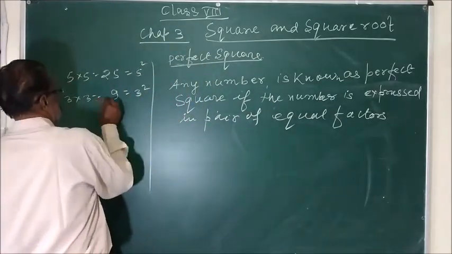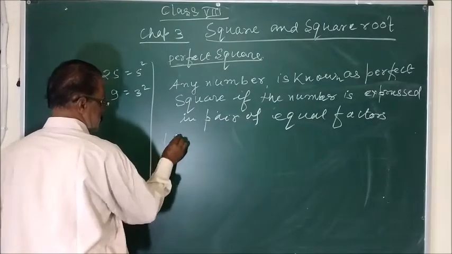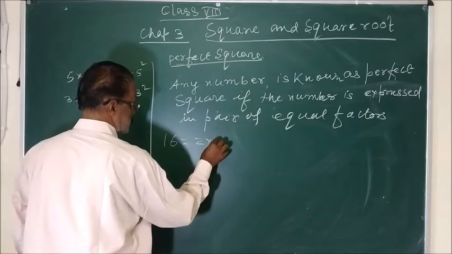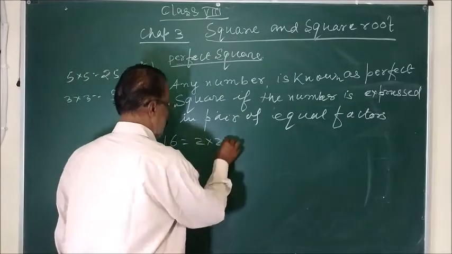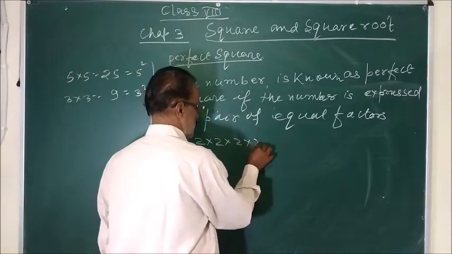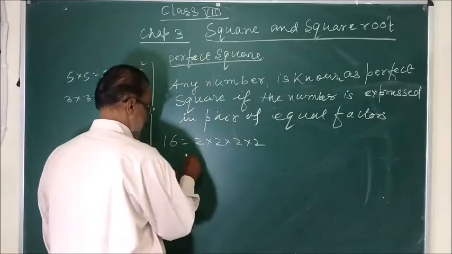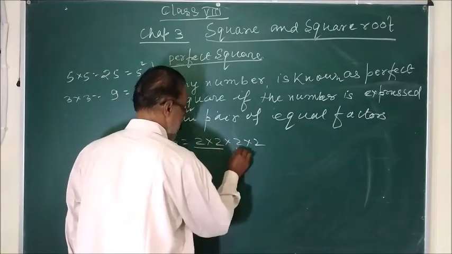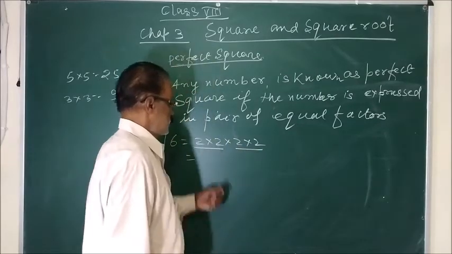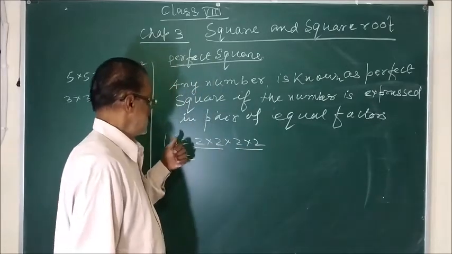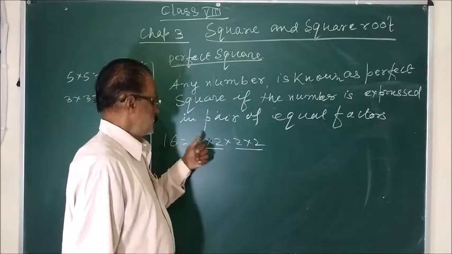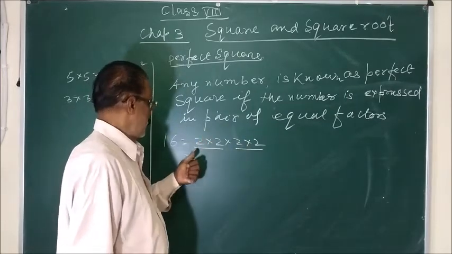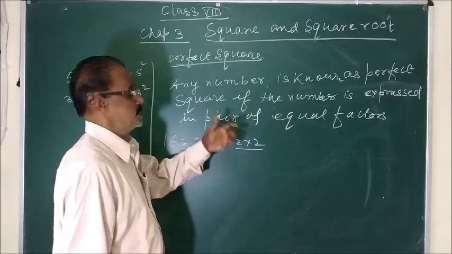Suppose 16 is a number and the prime factors of 16 are 2 into 2 into 2 into 2. So these factors are expressed in pairs, and therefore we can say 16 is a perfect square.